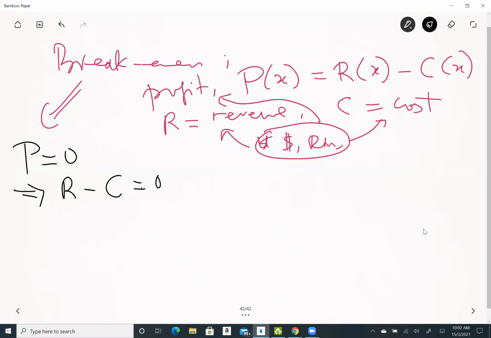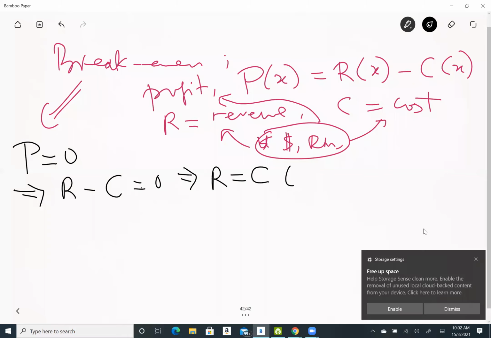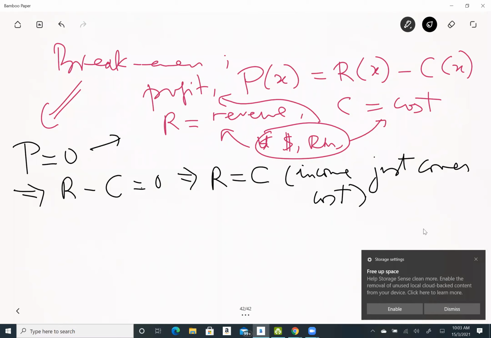So when revenue minus cost equals 0, what you have is revenue equal to the cost. So that is why we say the income, or the revenue, just covers cost. So that is break-even, or profit equal to 0. That is the idea of break-even. Okay, any question? So that's break-even.